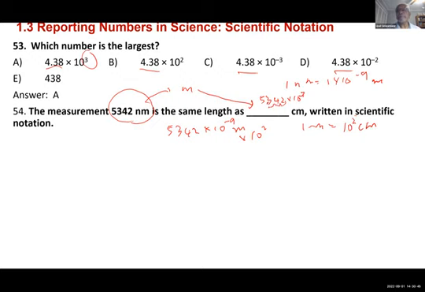So it becomes 5.342 times 10 to the negative 4.